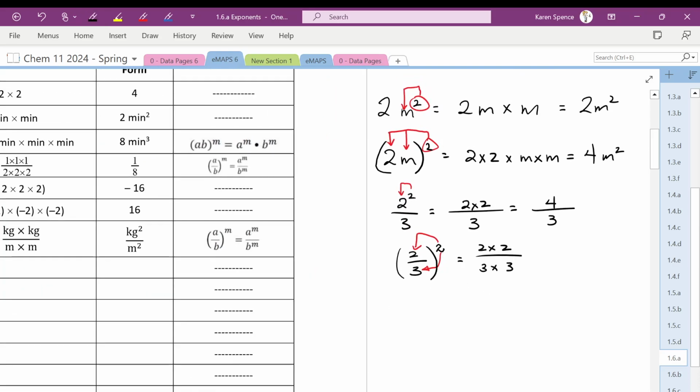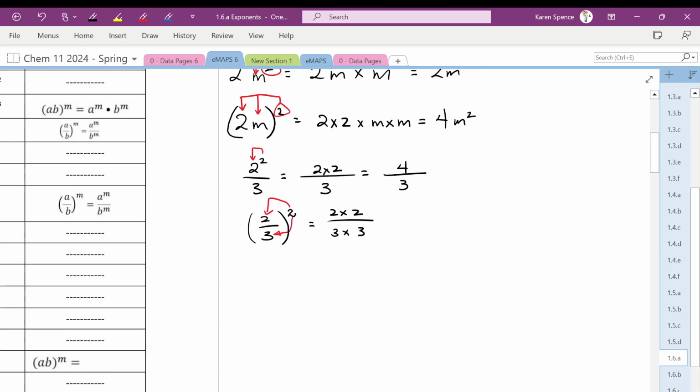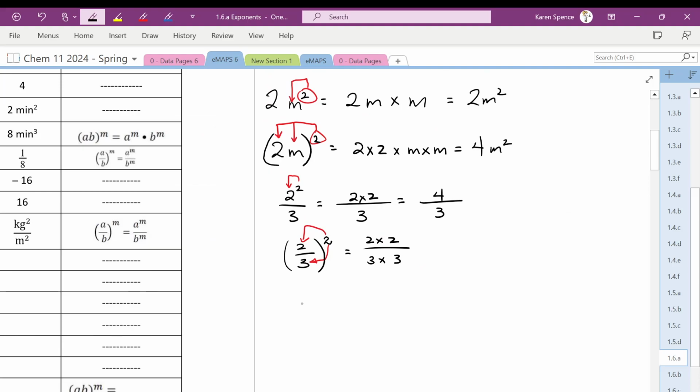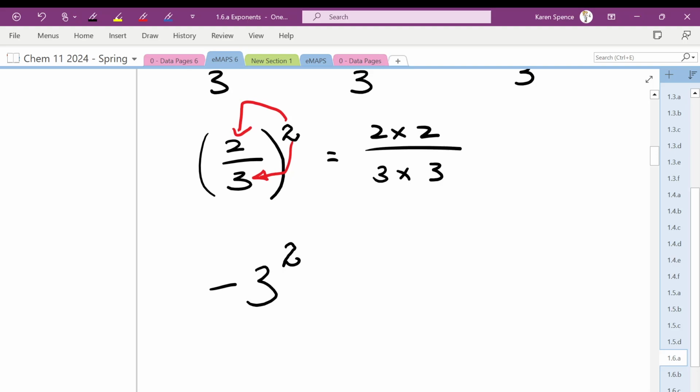Let's see. Oh, I forgot. What if we have a negative in front of a number? What if we had negative 3 raised to the power of 2? Now, I don't have brackets here. Okay, so there's no brackets.